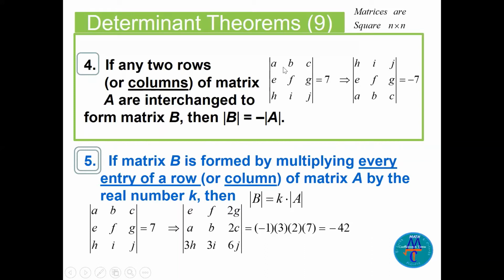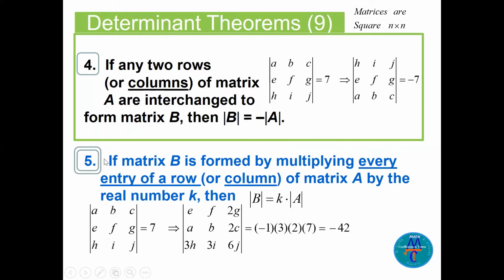What did I do here? I take A, B, C from row 1 and put it in row 3, and then H, I, J from row 3 I put in row 1. So I interchange 2 rows only. E, F, G stays there, so the determinant will be minus 7. Every time, guys, you interchange 2 rows, or 2 columns, put a minus in the answer.